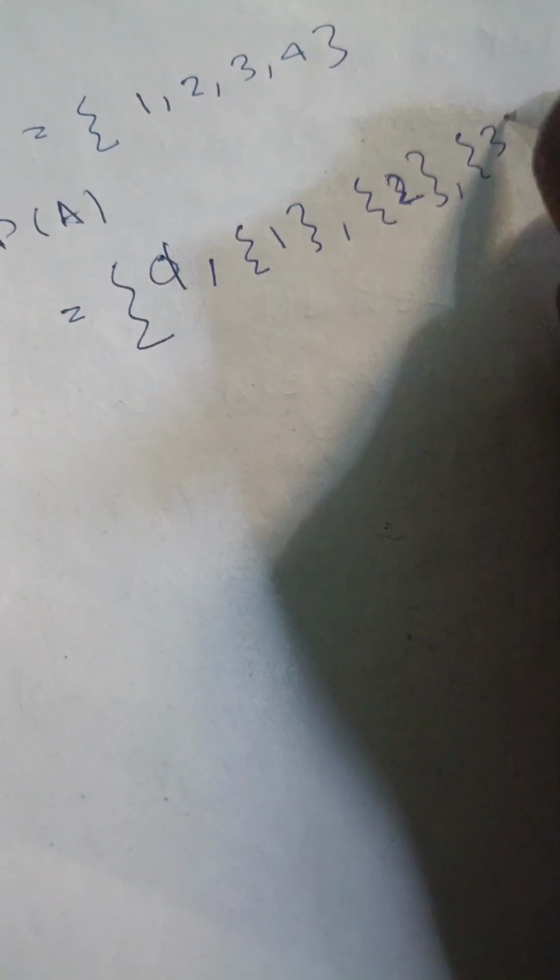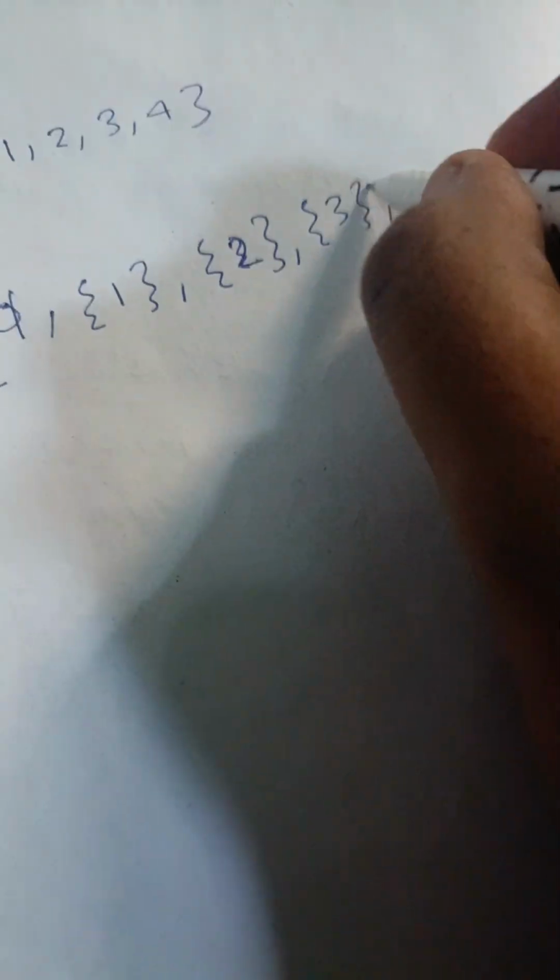Initially we will write 1, 2, 3, 4, then we can write 1 and 2, 2 and 3, 3 and 4, and 4 and 1. Then we can write 1, 2, 3, and so on, and last it should be 1, 2, 3, 4. All the combinations should be here.